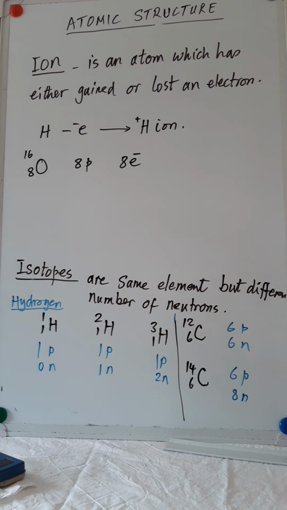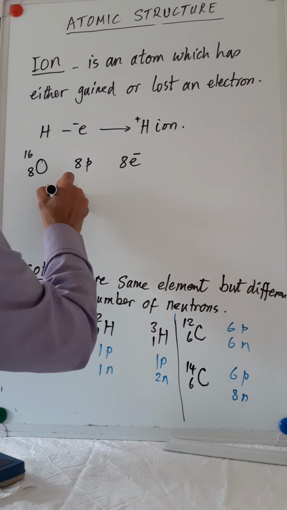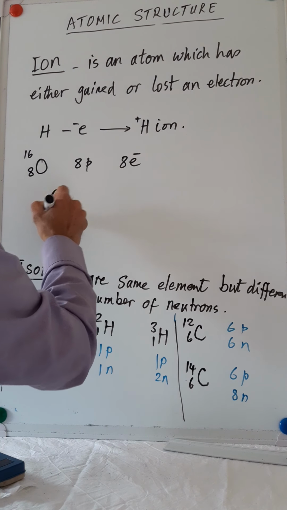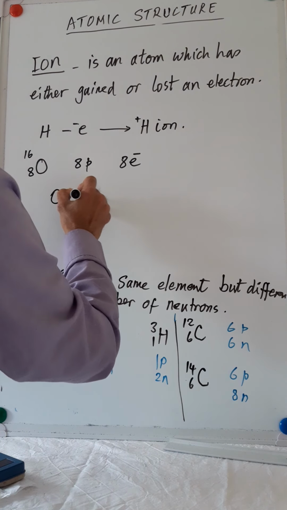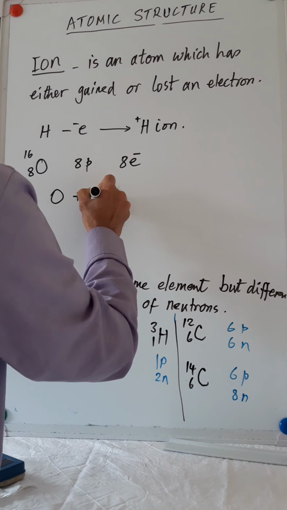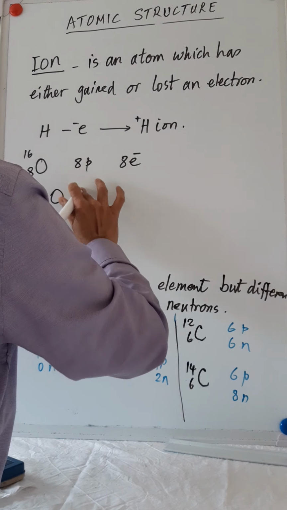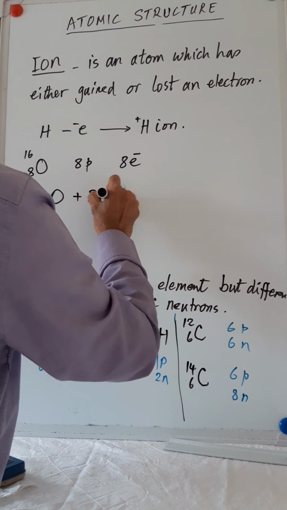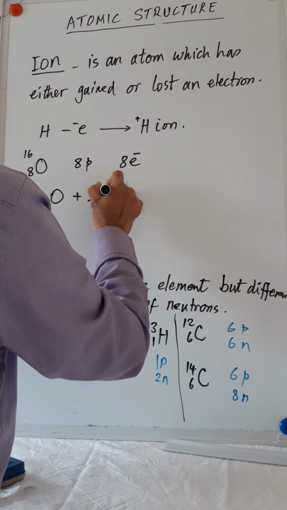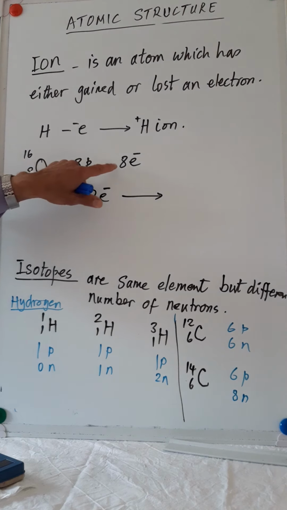Now, what happens if oxygen gains 2 electrons?